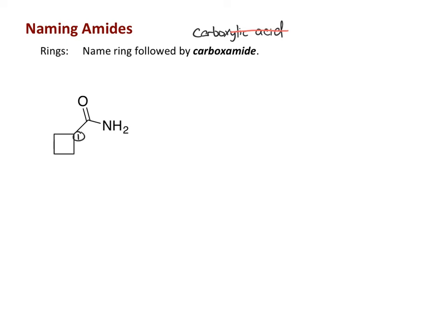Not really a big deal since we don't have substituents to deal with. But we have cyclobutane carboxamide. If we had a methyl group on there, we would have to name it as the methyl cyclobutane carboxamide.